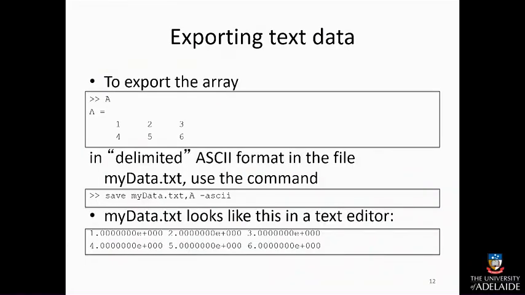And now we would like to save this matrix in a text file and in the ASCII format. So you need to remember 4 things over here. The first thing is the keyword save. The second thing is the name of your file. You can give your file any name you would like. The third thing is the variable which you would like to save, and the fourth thing is your format.